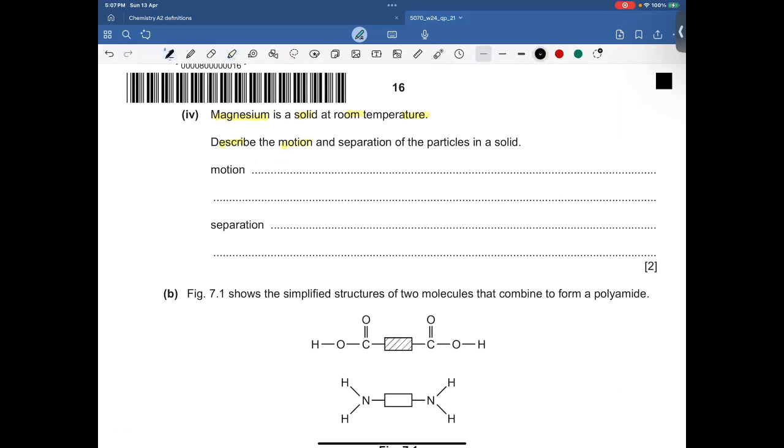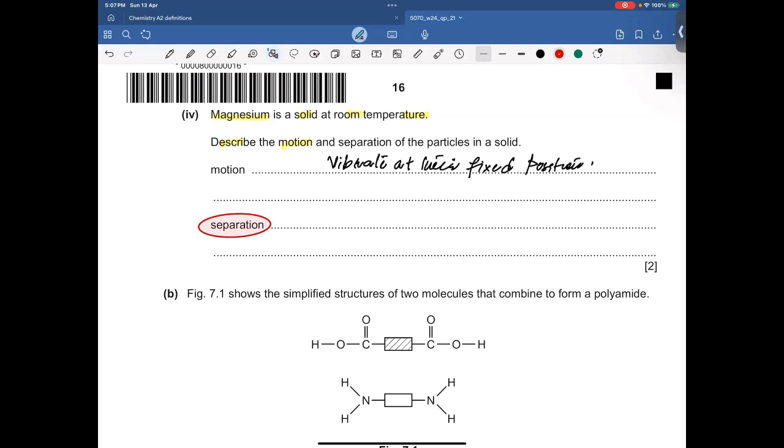Describe the motion. All solids vibrate at their fixed position. Well, I really don't understand the meaning of this term, separation.